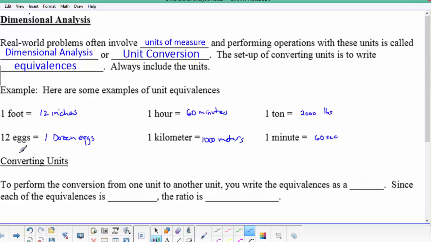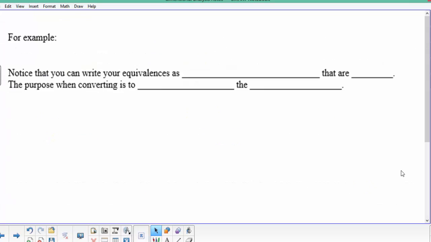So converting units. To perform the conversion from one unit to another unit, you write the equivalence as a ratio. And since each of the equivalents is equal, the ratio is equal to 1. For example, if we have 1 foot, what we know is that is equal to 12 inches.